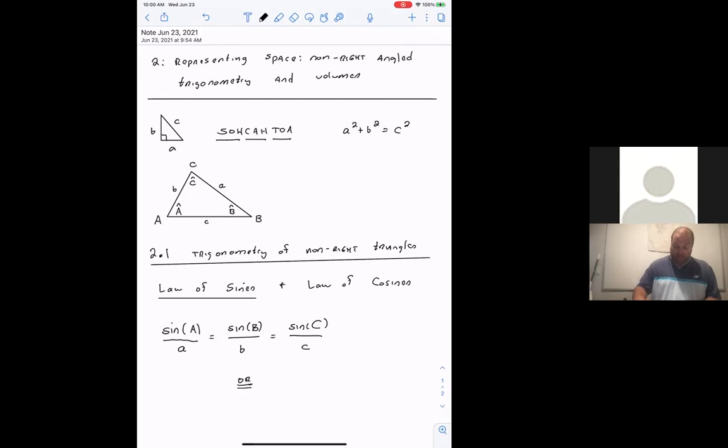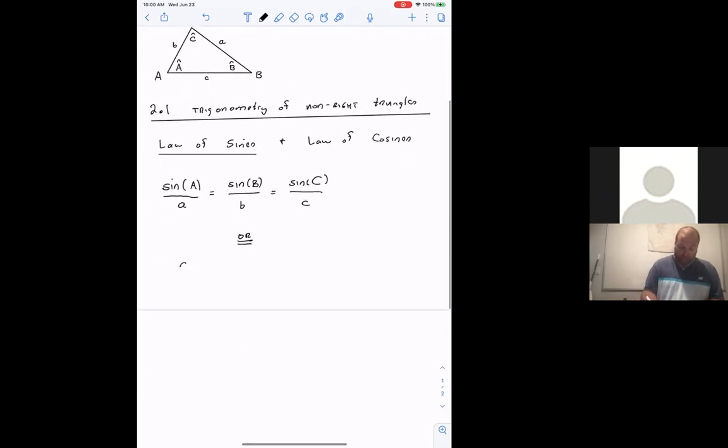And sometimes it might be useful to write it the other way. A over sine A equals B over sine of angle B equals C over sine of angle C. Either way works. I tend to use the version that has the thing that I'm looking for on top.